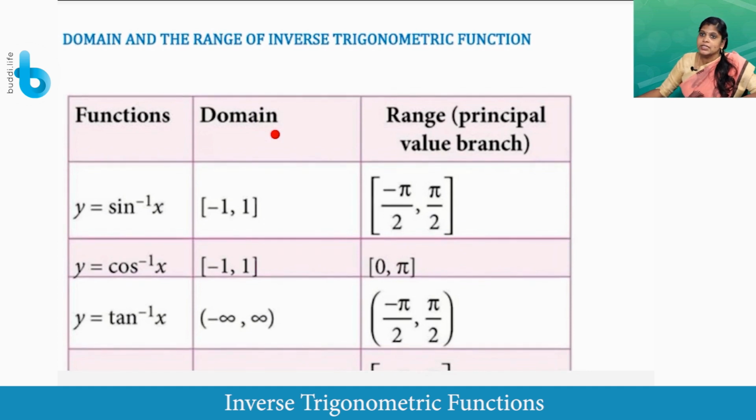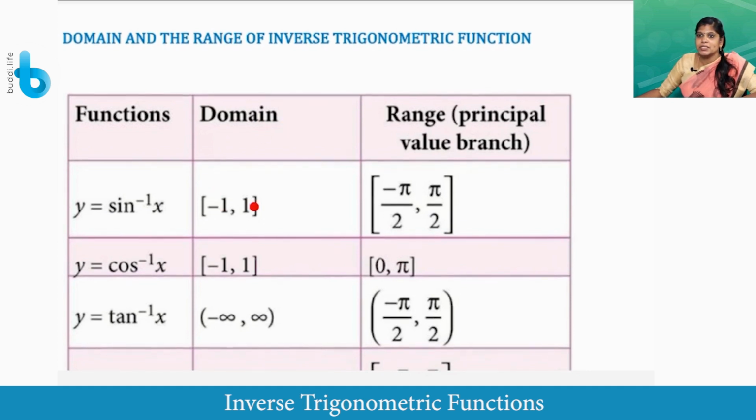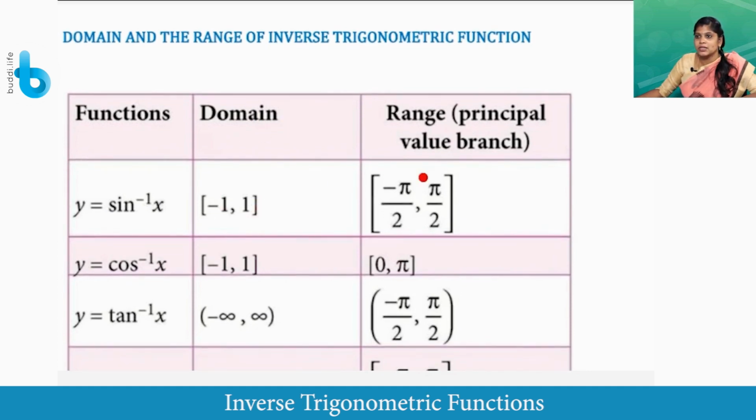Here the domain will be -1 and +1, and the range will be minus pi by 2 and pi by 2. That is, the domain of sine inverse x is [-1, 1], and the range is [-pi/2, pi/2]. It is represented in a square bracket, which means it is closed.